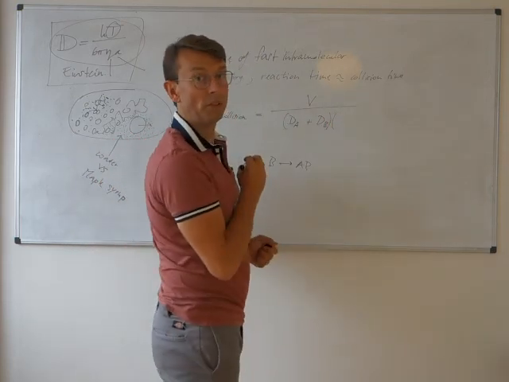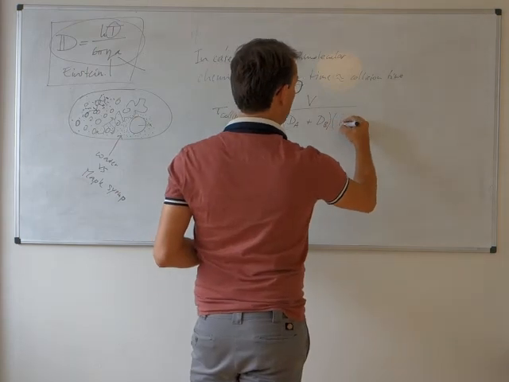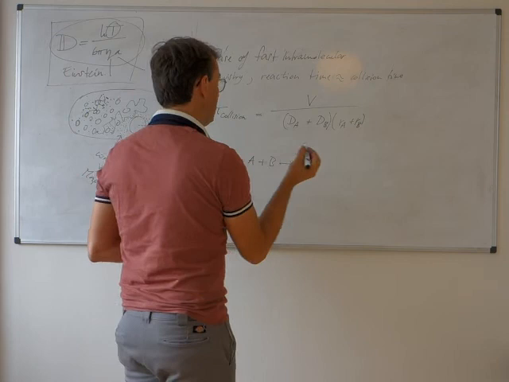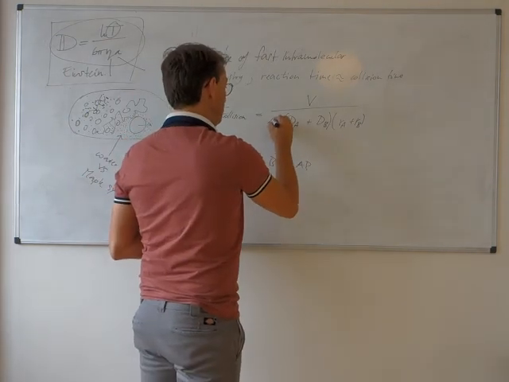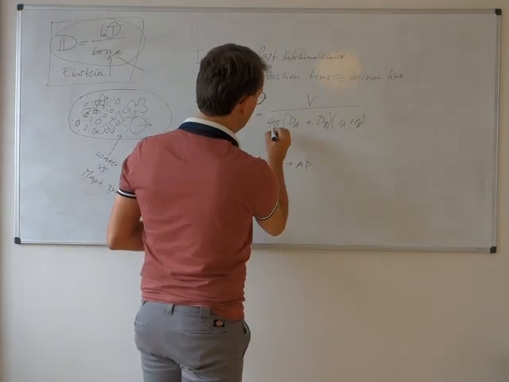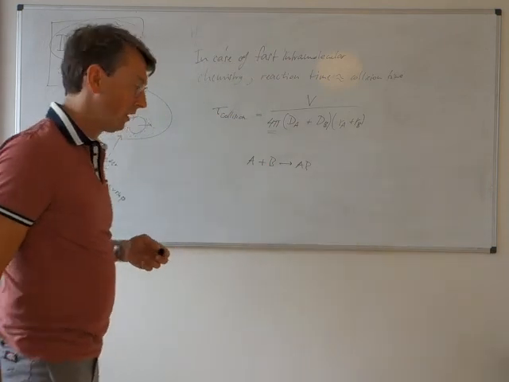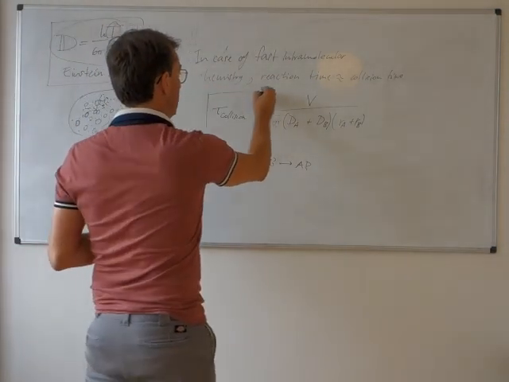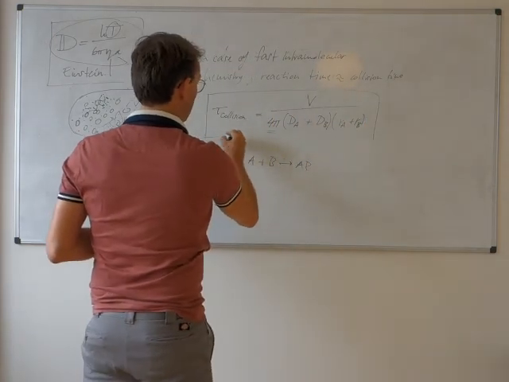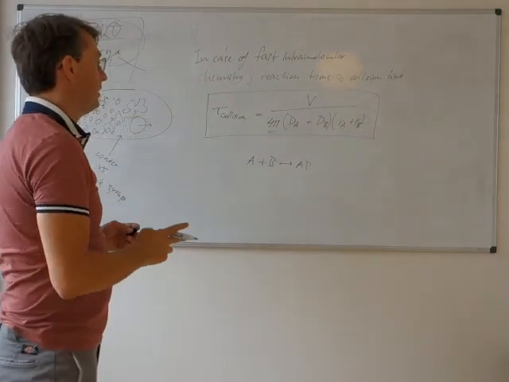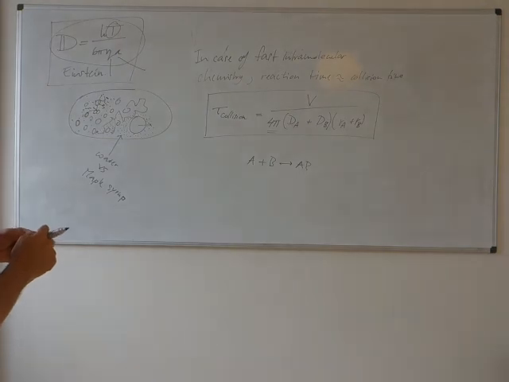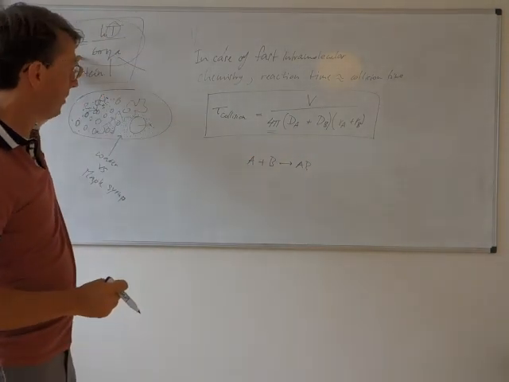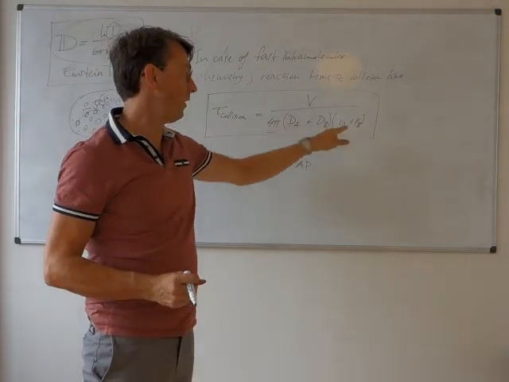It's going to depend on their radii, because if they're both bigger, they bump into each other quicker. And we assume all these things to be spherical, so that's where the 4-pi comes from in this case. So this is the equation that gives you the collision time for two molecules A and B, given their diffusion coefficients, approximated by this equation, and given their radii.